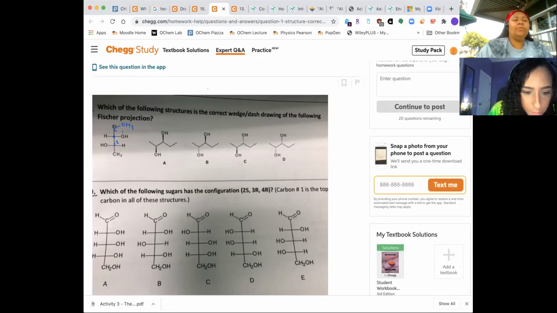Well, using previous knowledge, he said that the more substituents, the more stable it is.